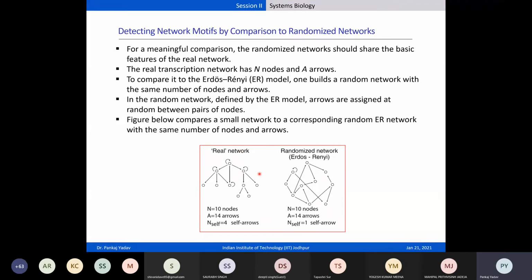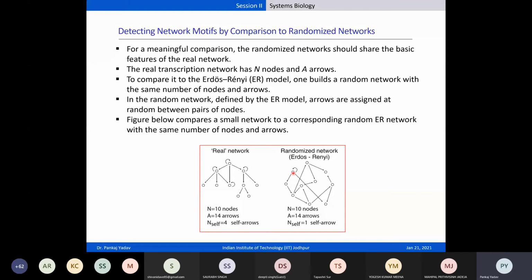We have created this network from biological data. In this network, we have 10 nodes and 14 arrows, and the number of self arrows, or autoregulations, is 4. So this is our real network. It has 4 self arrows.